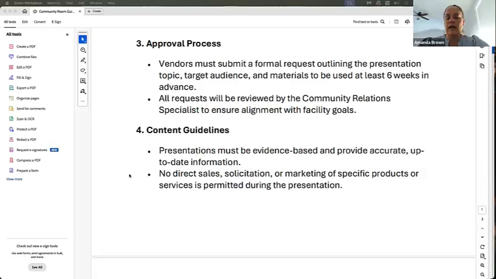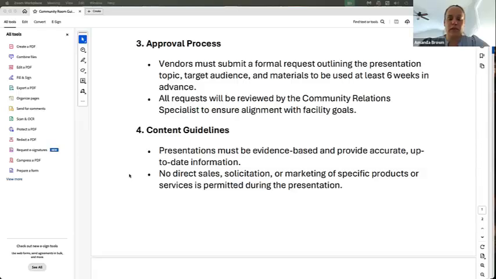And I say formal request, that would just be emailing me, going over the topic, the presentation. If you don't have your presentation completed at that time, it's fine. I do have to review it before your presentation day, but as long as you give me a pretty good outline of the presentation material, then I can go ahead and get that approved and put it on the calendar.